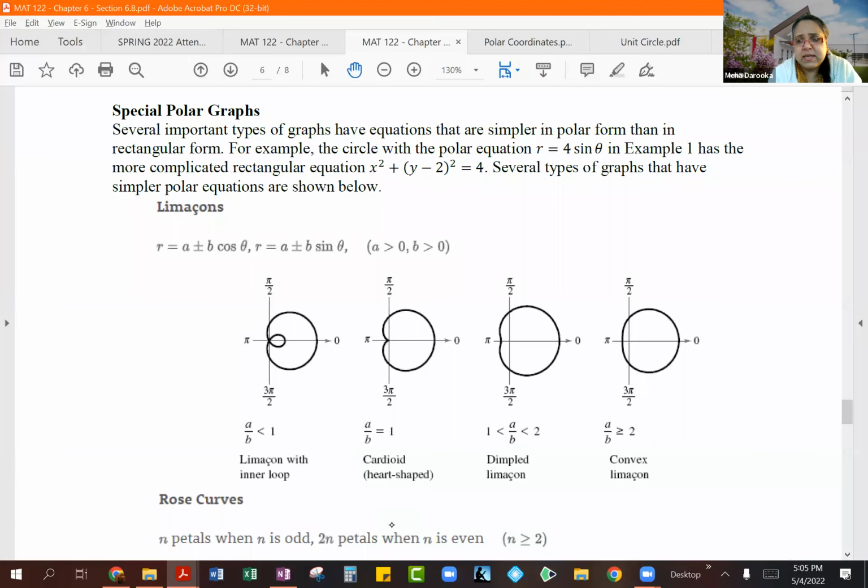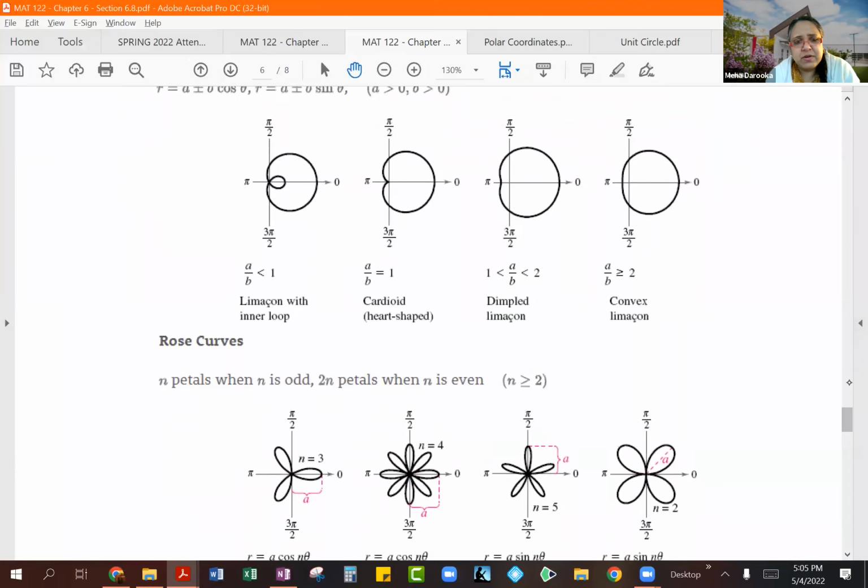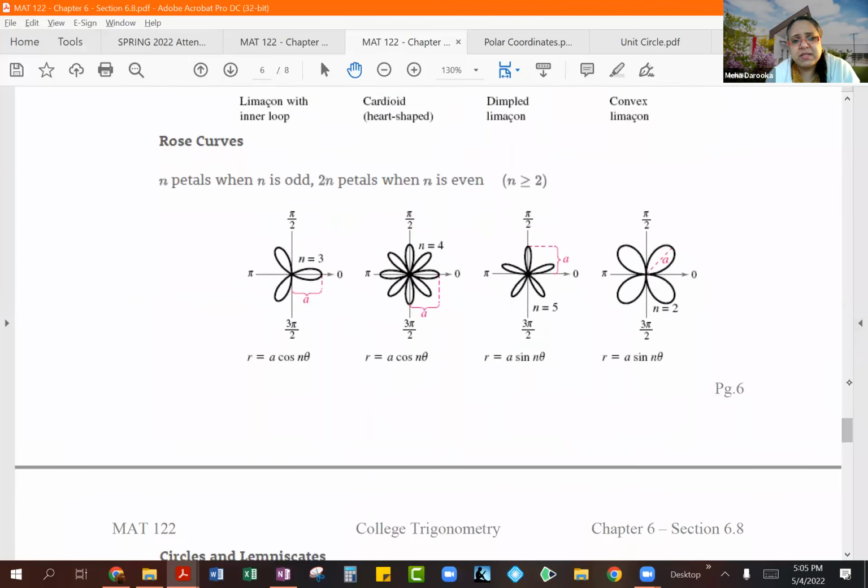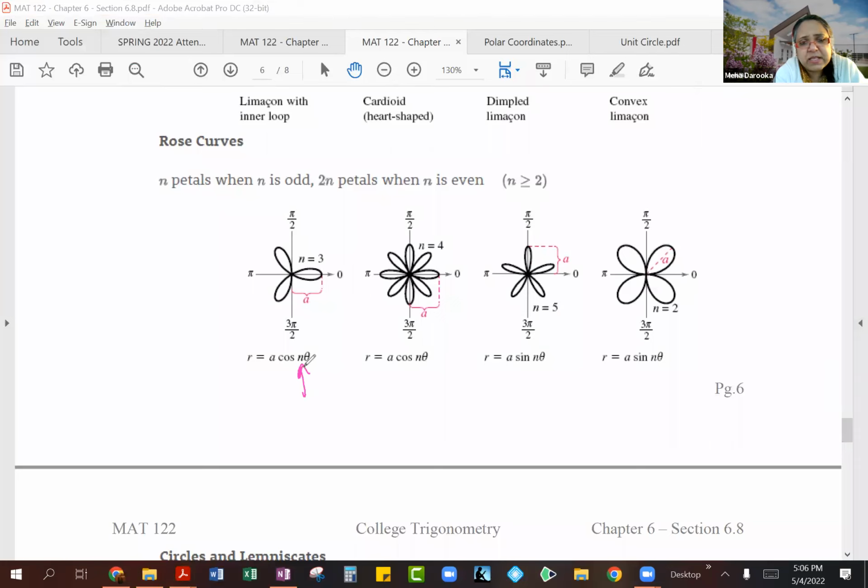So let's take a look at this guy here. So with the rose petals, remember, this is what we had to see on how many petals we're going to have. The n value is what you have in front of that theta. So if the n value is odd, that's how many petals you will have.